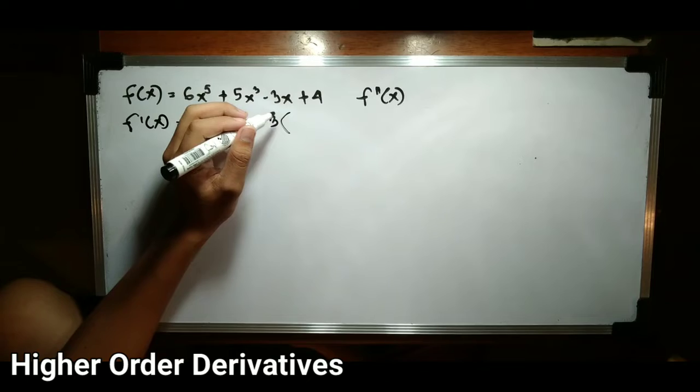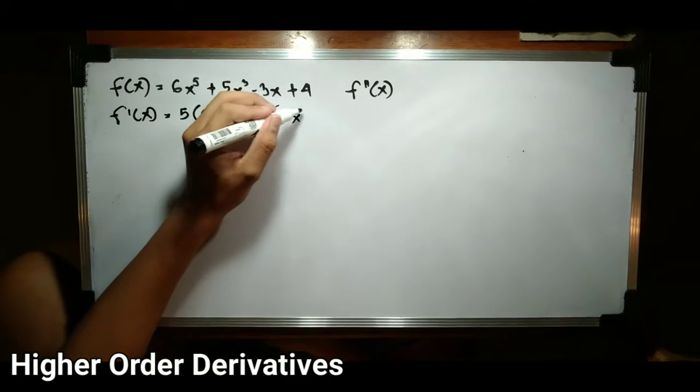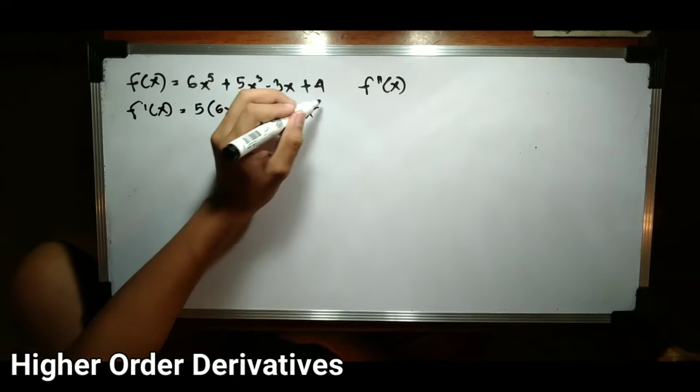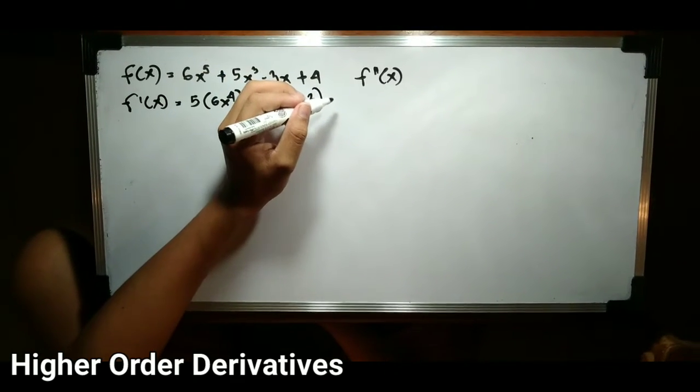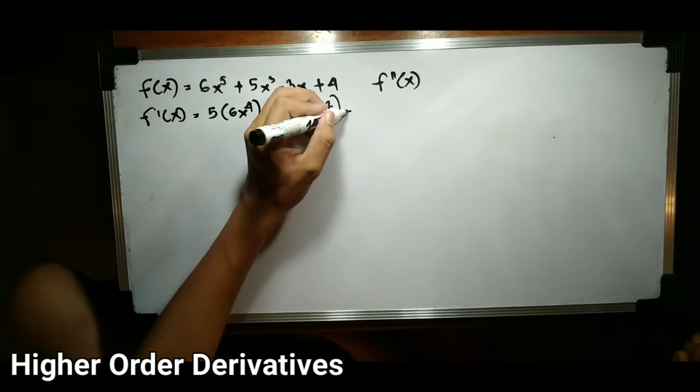So this will become 3 times 5x squared. Then get the derivative of negative 3x, which is simply negative 3.